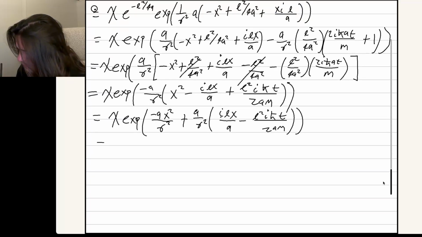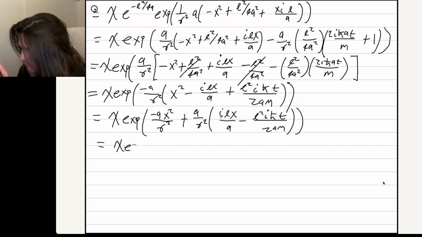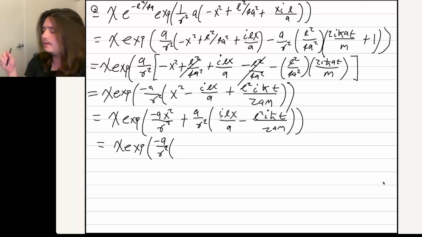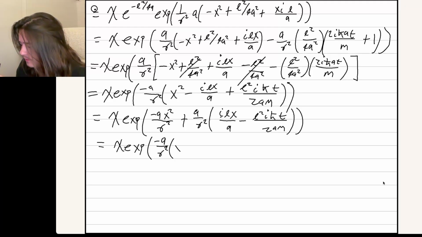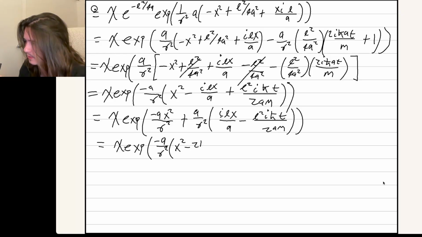And then we're going to expand the square of x squared. This is going to be pretty funky. So we're going to have minus a over gamma squared. And we want to add a few terms in here and then subtract them elsewhere. And the terms we're going to add are minus 2h bar xlt over m plus h bar squared l squared t squared over m squared.